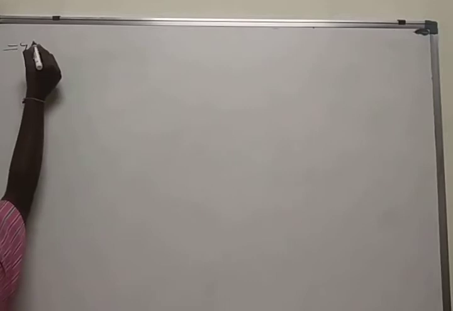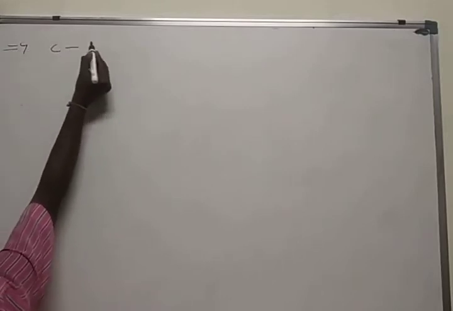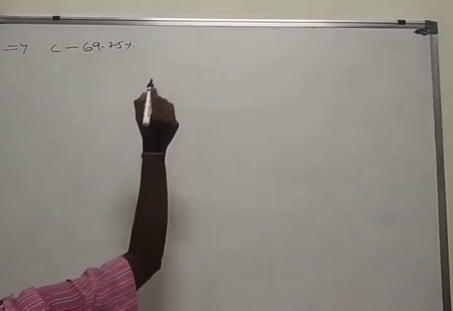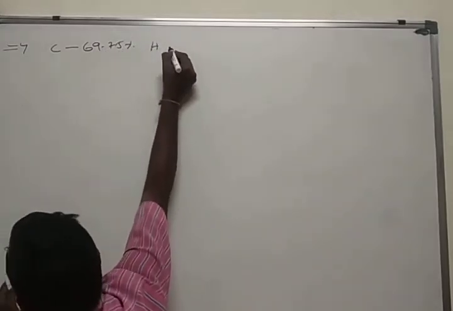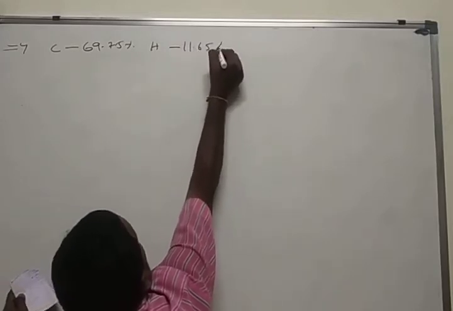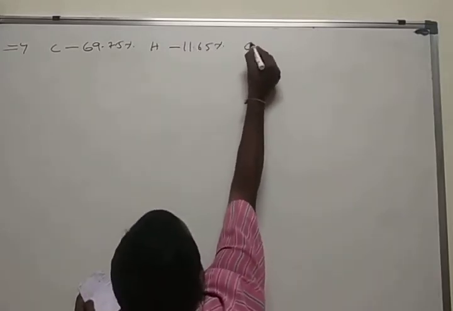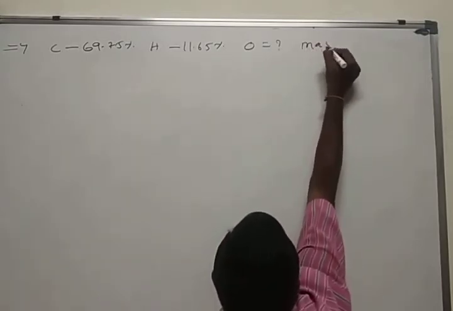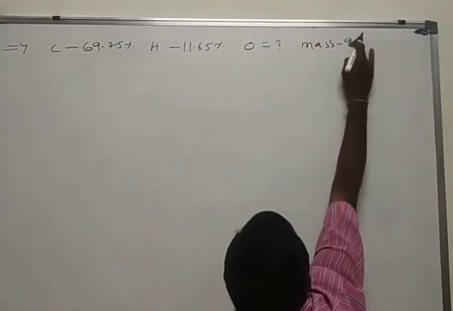Here I am writing: an organic compound contains carbon 69.75%, hydrogen 11.65%. So what is the oxygen percentage? Mass is 86.